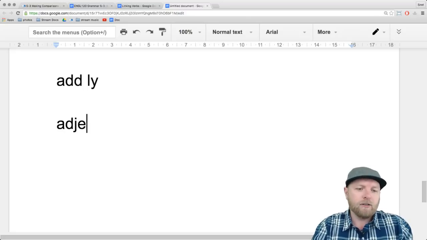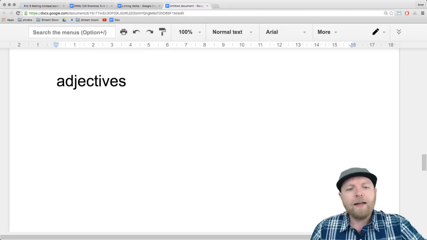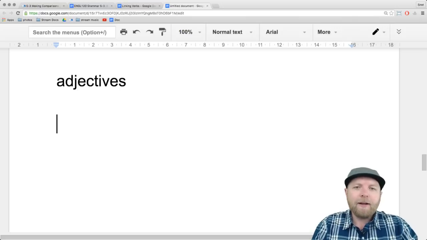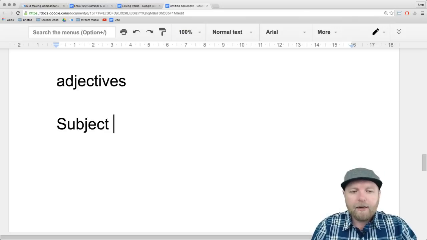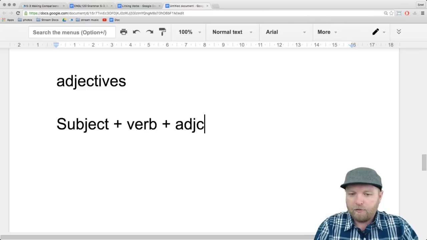using adjectives. Okay. Now, when we use adjectives, it's very popular to make a sentence: subject plus a verb, a special verb, and an adjective.